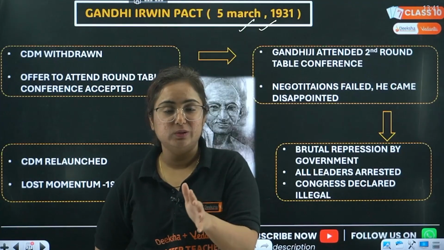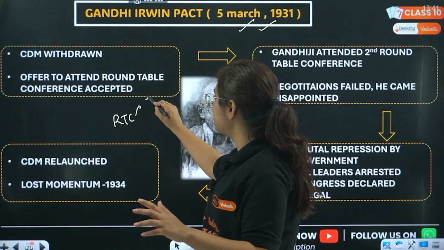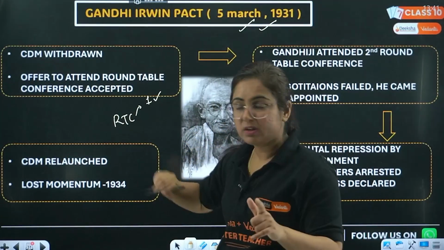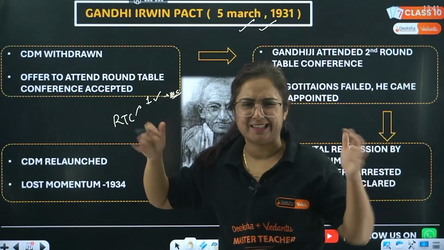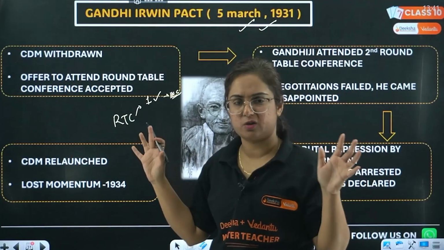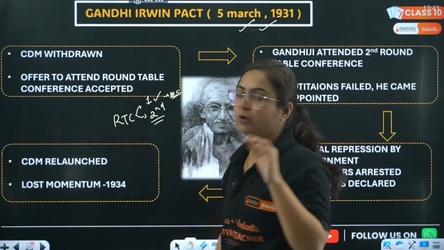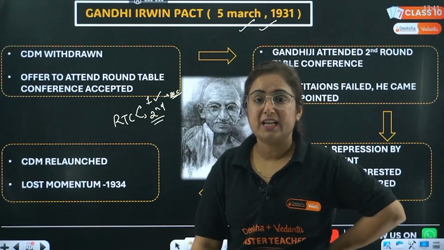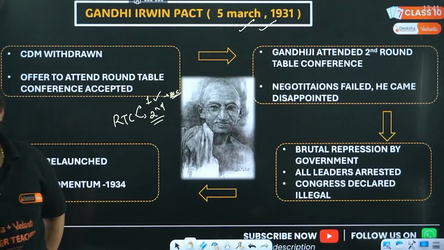Let me tell you that one round table conference was already organized, in which nobody from the Indian National Congress went. Other members went, but not from the Indian National Congress. So he was demanding Gandhiji to attend the second round table conference, that is going to be organized in the month of December in 1931.